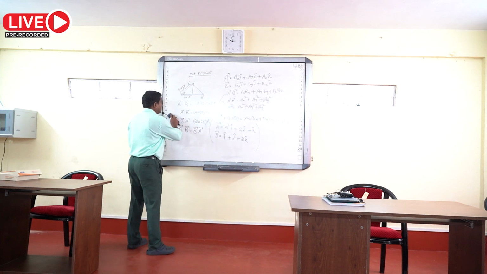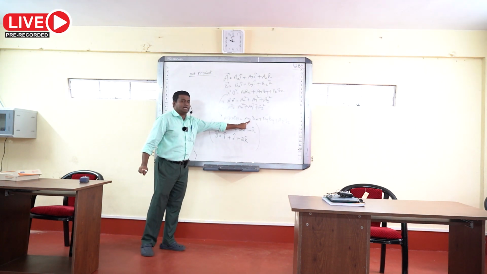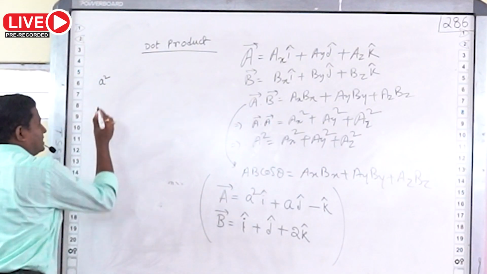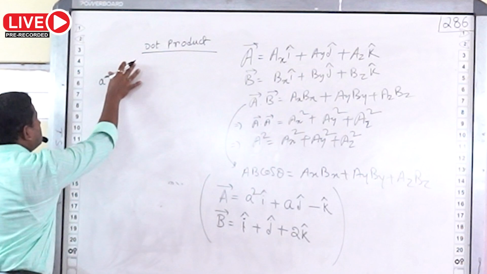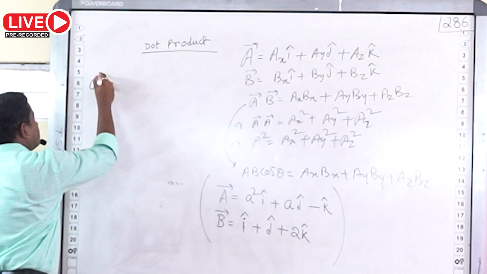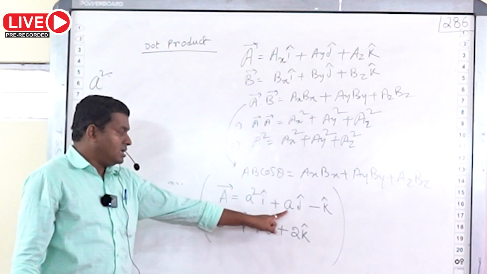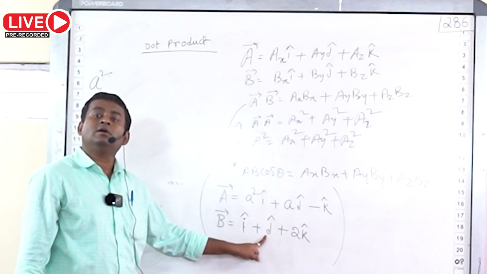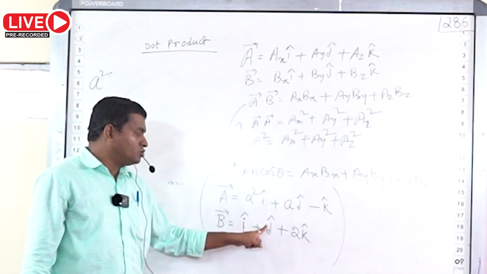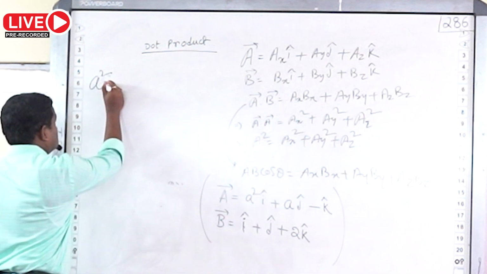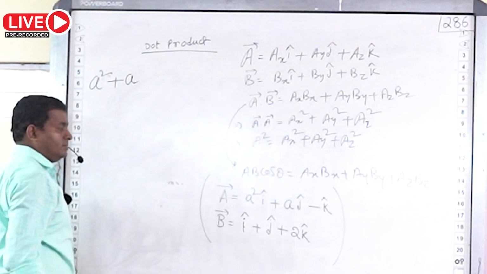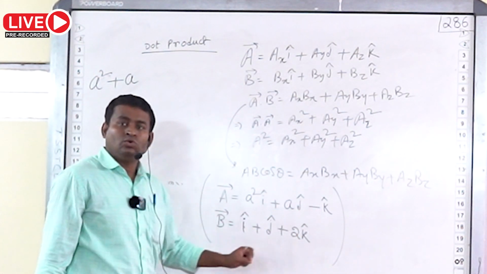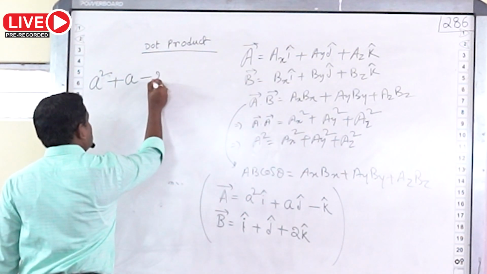Next term: AY is small a, BY is again 1, so a into 1. The last term, minus 1 into 2, that will be minus 2.